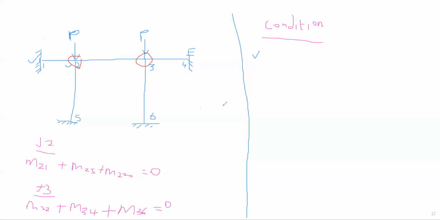When the far end is fixed, you are going to use 4EI over L theta 2 plus 2EI.